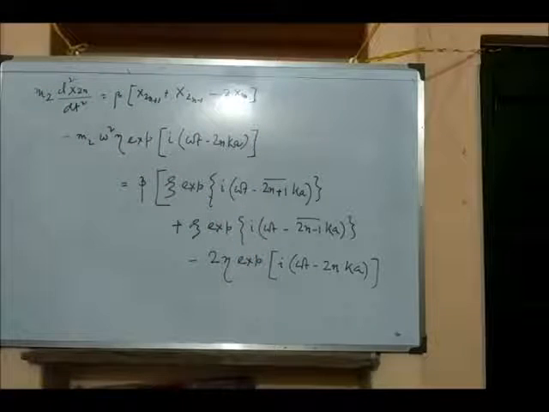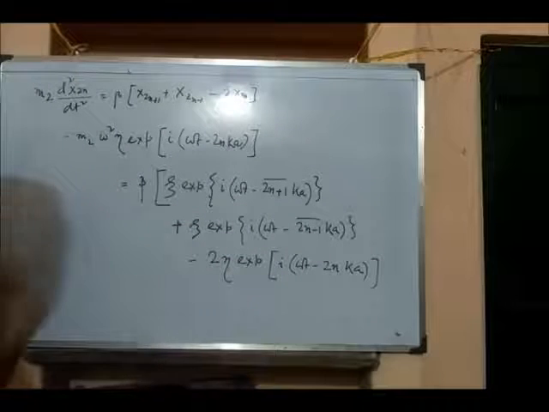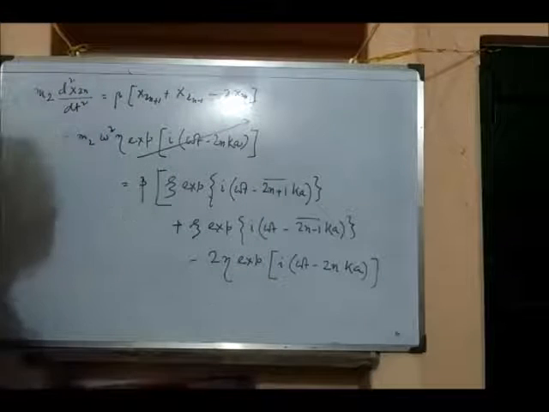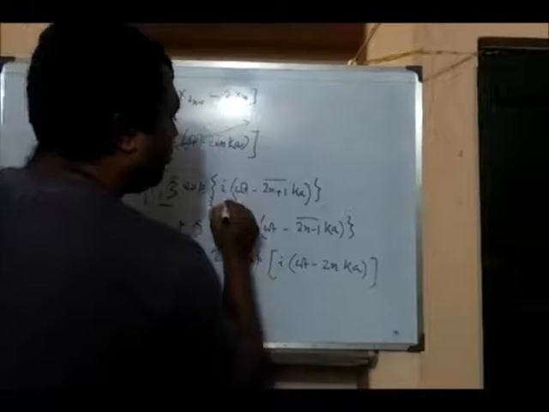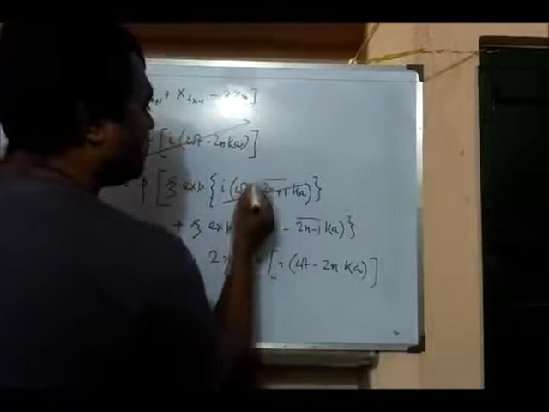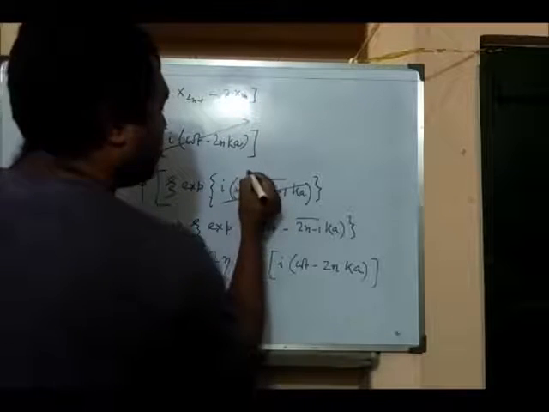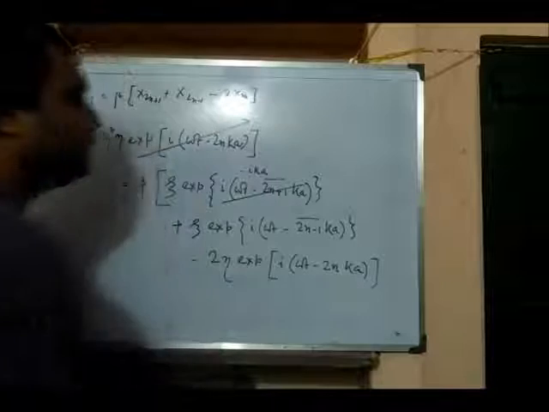Okay, so you will get this equation first. If you remove this term, you are having, this is 2nka, so minus ika here.